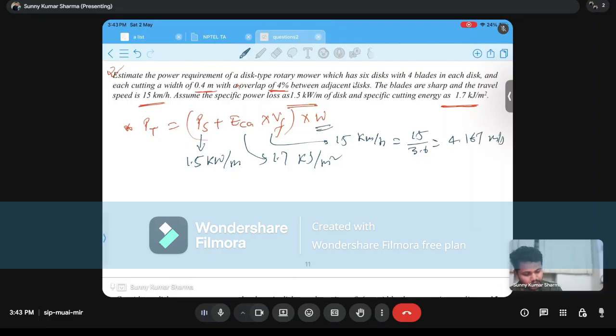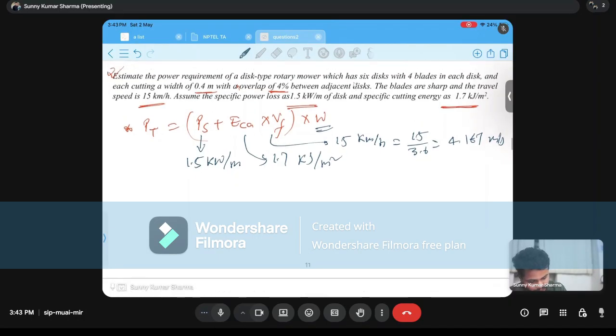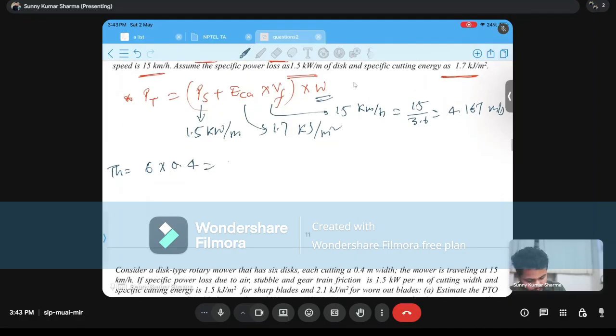The only thing left is W. For the cutting width, we need to know the actual cutting width. There are 6 discs, each having a width of 0.4 meter. So the theoretical width will become 6 into 0.4, which is 2.4 meter.